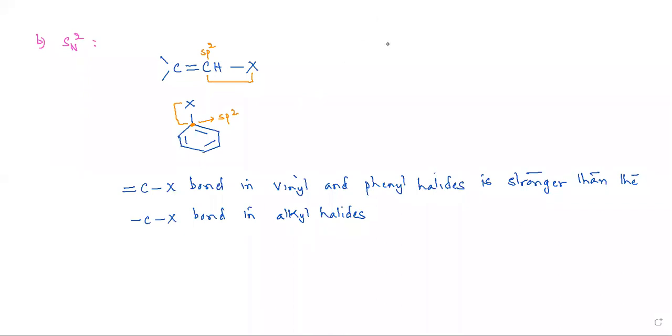So this is very interesting. Here it is sp2 carbon halogen, whereas here it is sp3 carbon halogen. Okay. The double bonded carbon halogen bond is stronger, so they are less reactive. In fact, unreactive towards SN2. Okay.